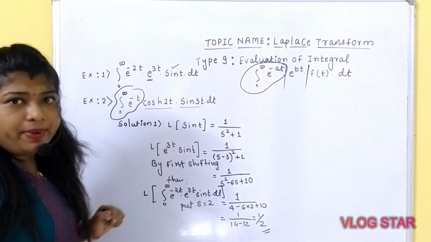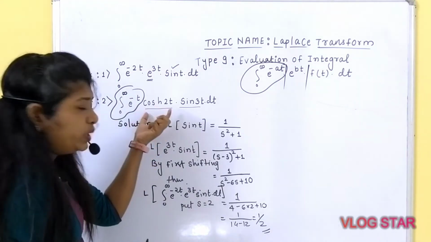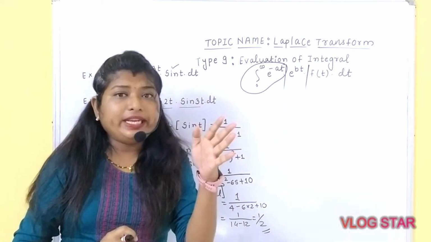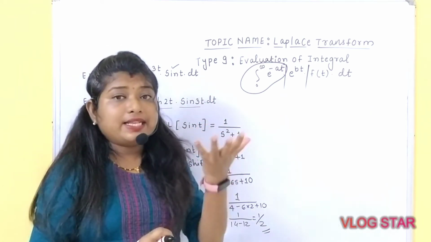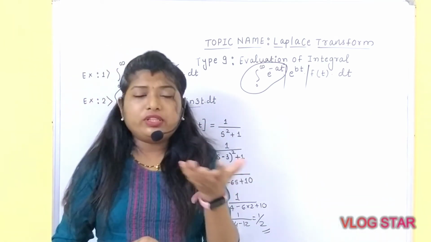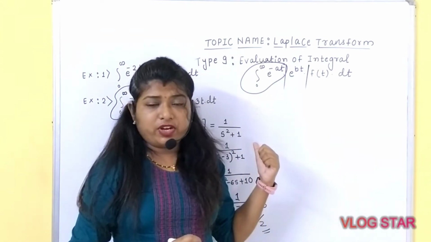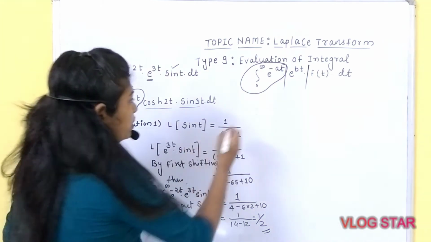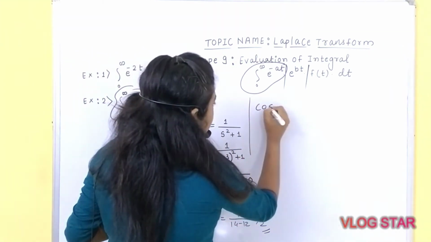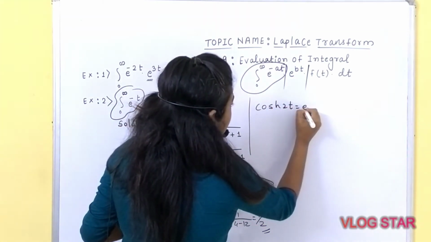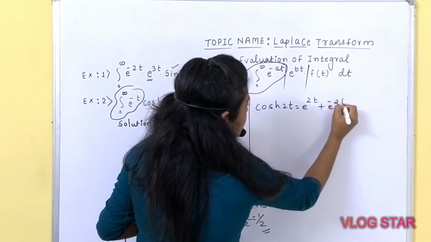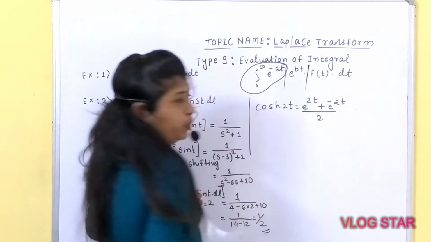So if you remember, we have already learned all the formulas related to this function. Cosh 2t is equal to, can you recollect that formula? e raised to 2t plus e raised to minus 2t upon 2.